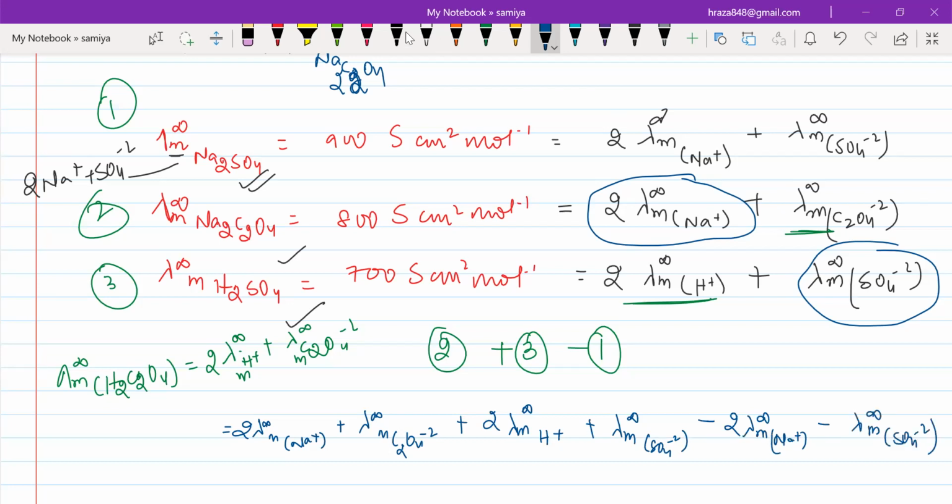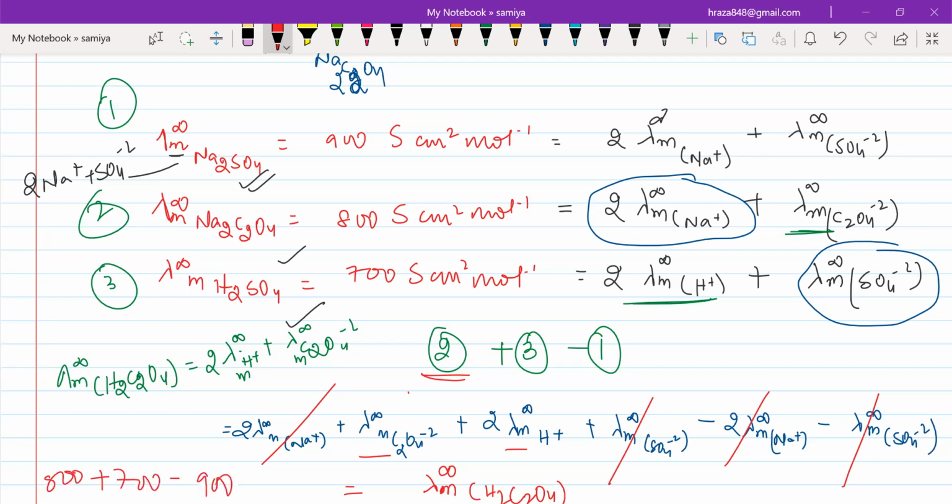Now you can see that the SO4 terms cancel, the Na terms cancel, and this combines to form lambda m infinity H2C2O4. The value is 800 plus 700 minus 900, which equals 600 Siemens centimeter square per mole. Yes, thank you.